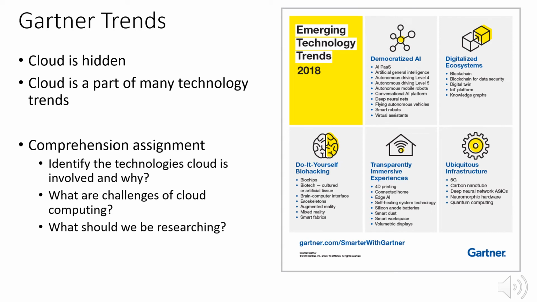Then ubiquitous infrastructure: 5G, carbon nanotubes, deep neural networks, and so forth. Some of them, such as deep neural networks that are being burned as part of ASICs, certainly do need, in some sense, cloud computing, because we need to make sure that they are being integrated properly.